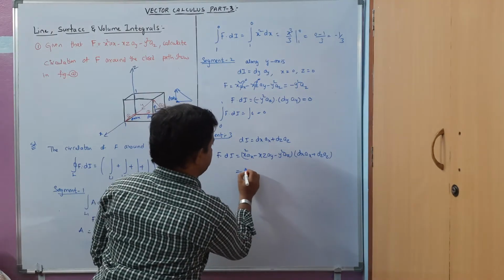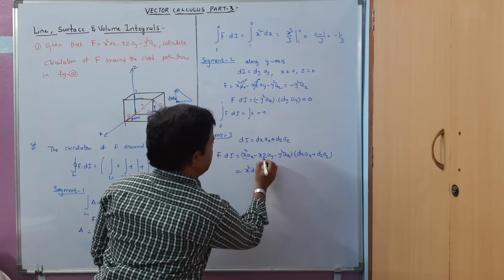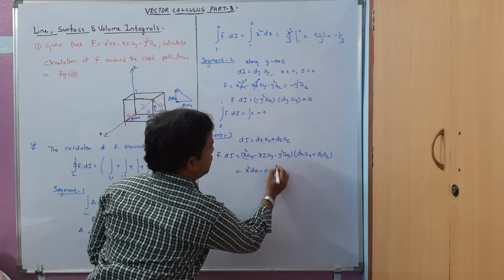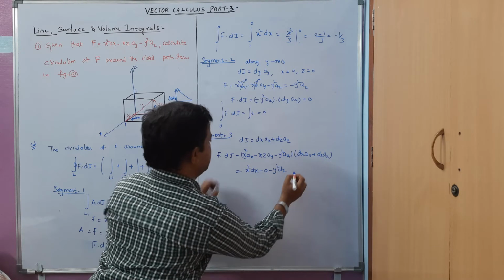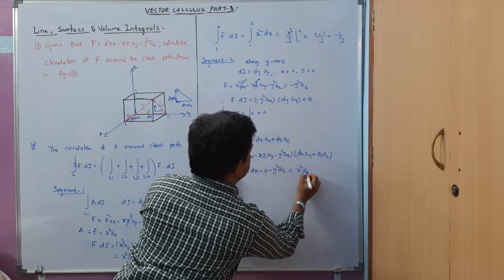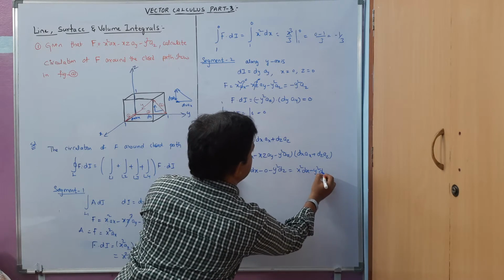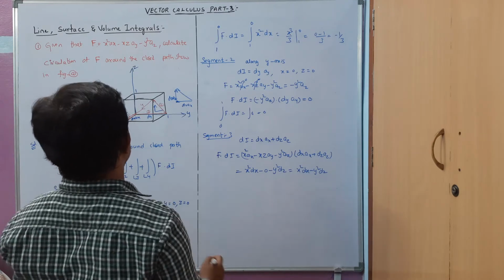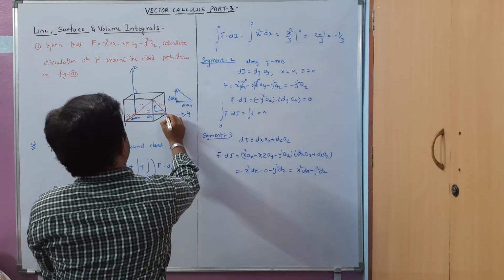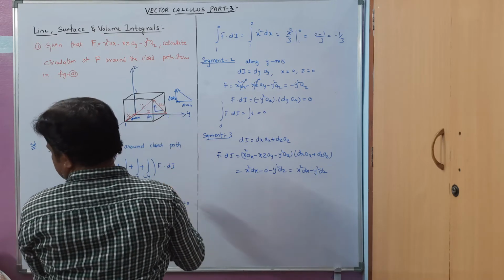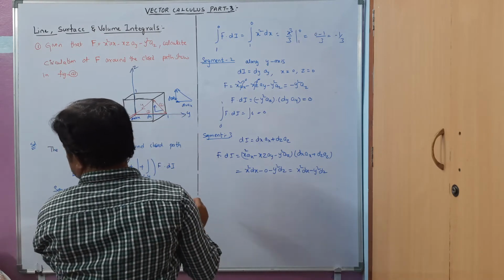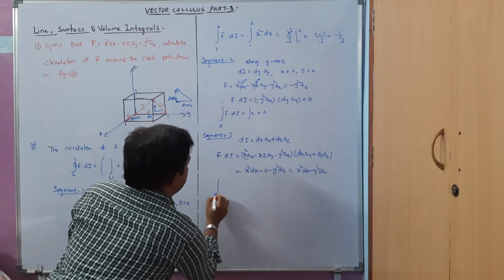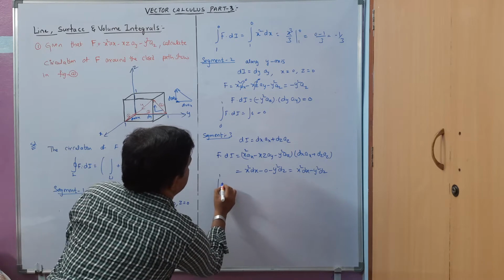So I get here as x square dx, and this will be 0, minus y square dz. So I get here as x square dx minus y square dz. Okay. Now we will integrate this one. So it is taking from y is equal to 0 to 1 here. That's all. Okay. That is integral 0 to 1 f dot dl.